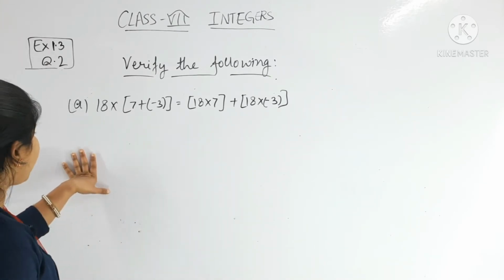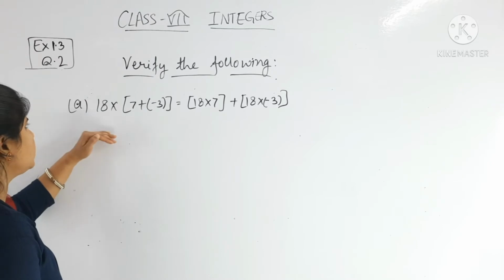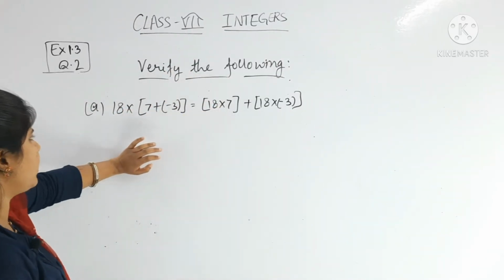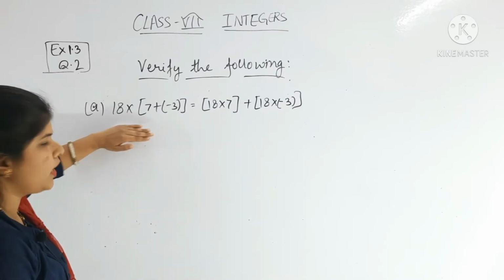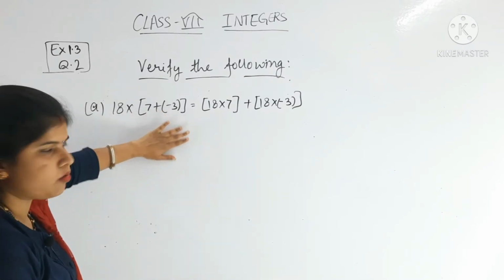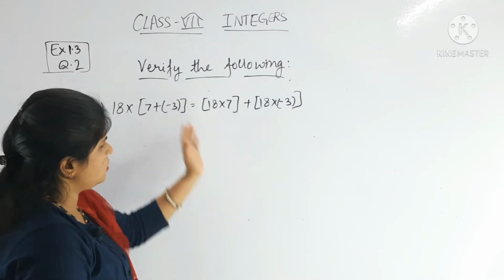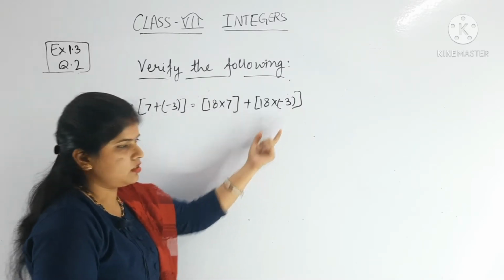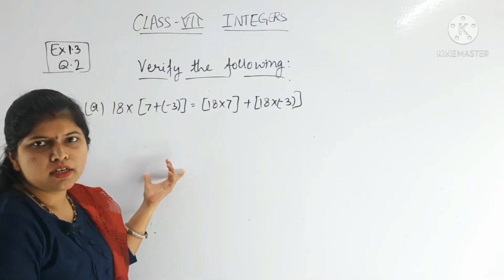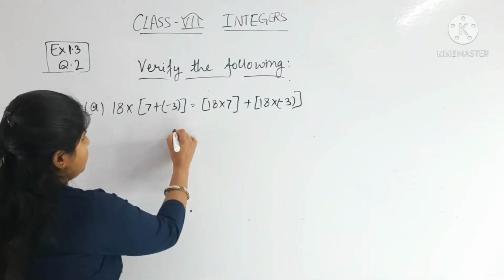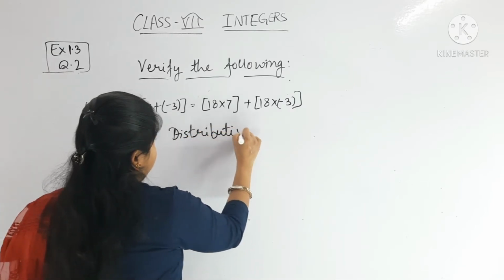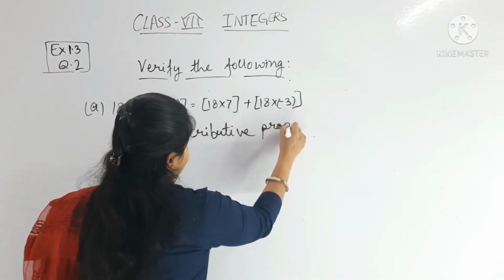Okay, that is the part A. What the question is, we have to verify the following. What we have to verify? It is the LHS part, 18 into 7 plus minus 3, equal to, it is the RHS part, 18 into 7 plus 18 into minus 3. We know the property, that is the distributive property.